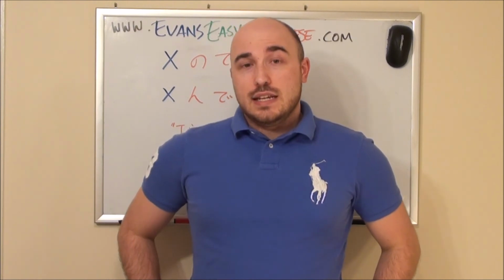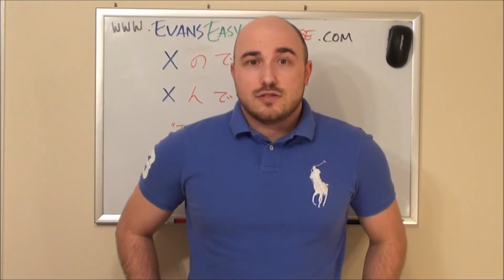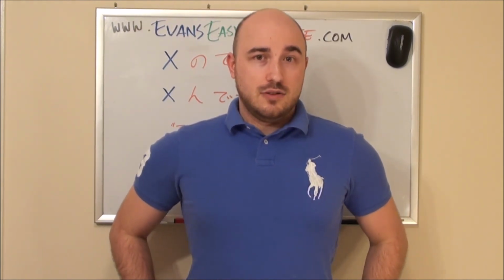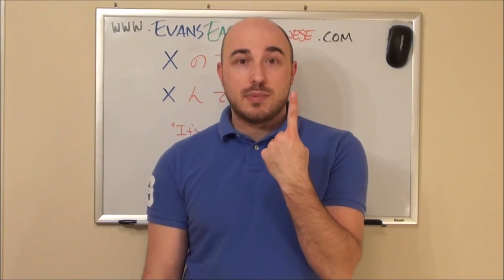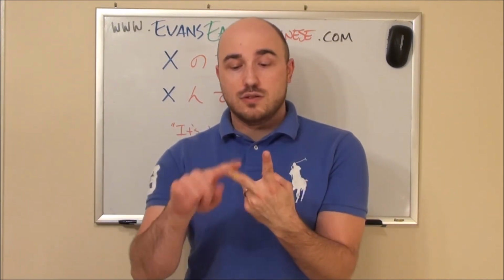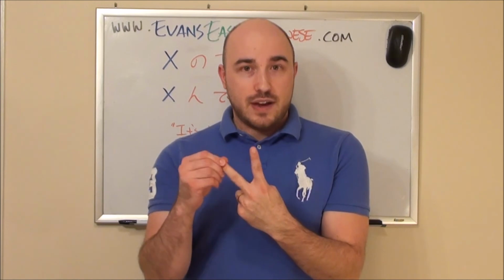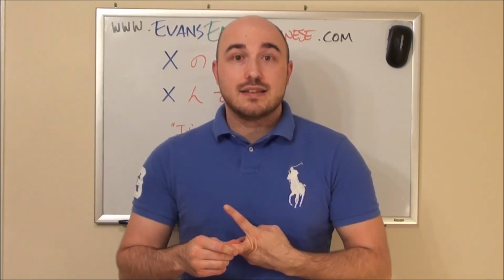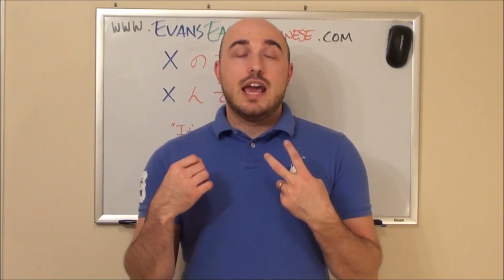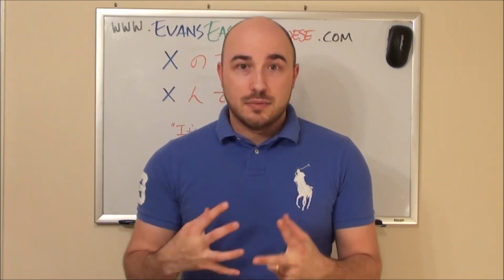That way, when you see it in native Japanese texts, you'll slowly come to understand how to use it and what it means. I want you to be able to identify it when you encounter it, and two, basically just the simple fact that the sentence provides a reasoning behind something.